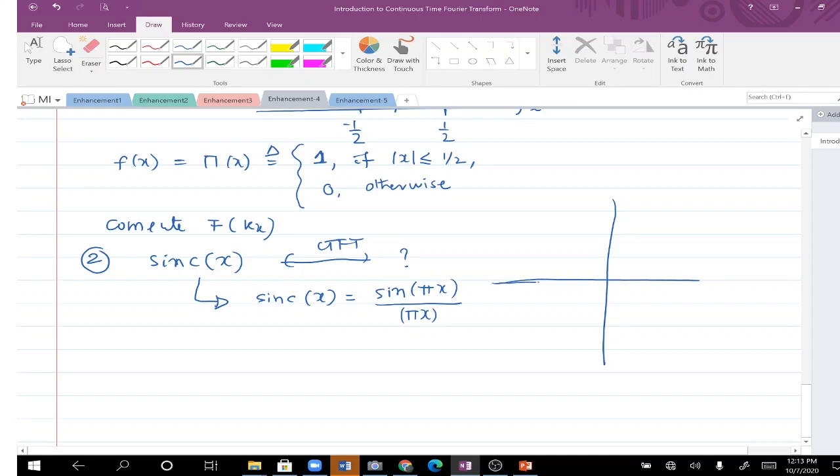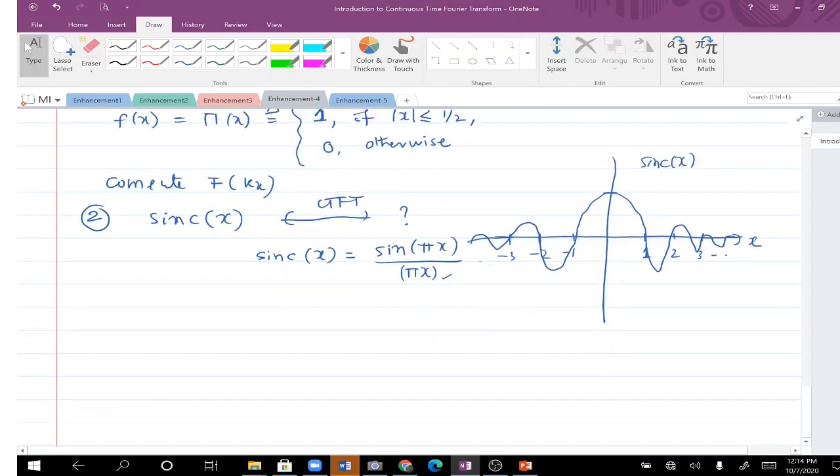For a quick reference, the value at x equal to 0 is 1. This is going to become 0 at 1, 2, 3 and so on. Then the magnitude will be decaying as you move on. The left hand side is anyway symmetric, only at integer values it is going to become 0. This is how the sinc of x would look like. So please find out what is the CTFT of sinc of x.